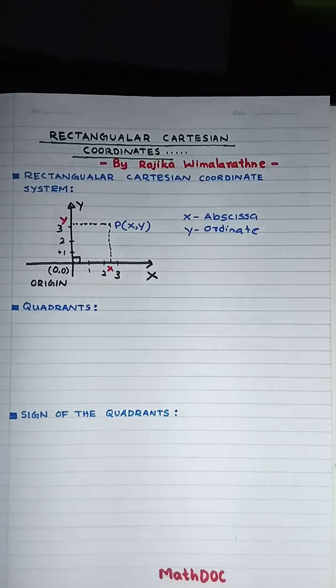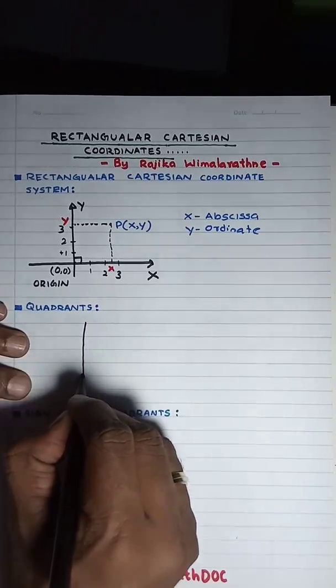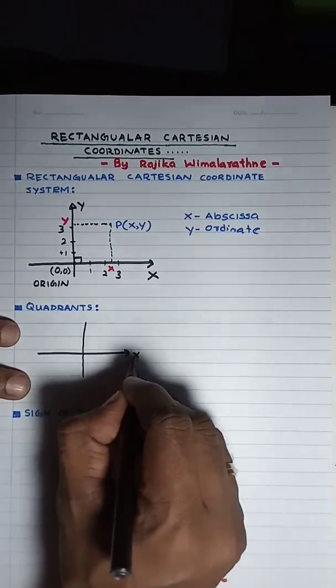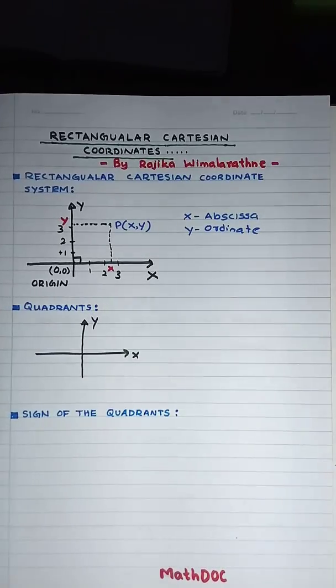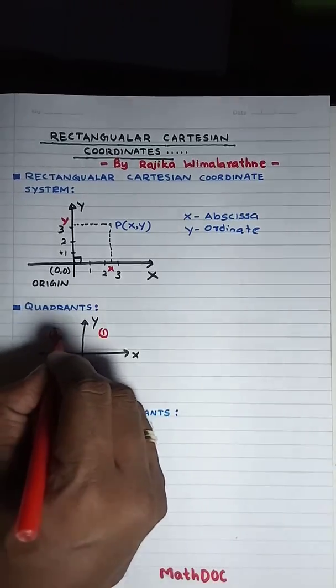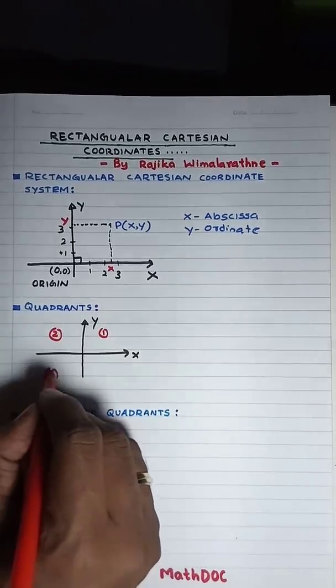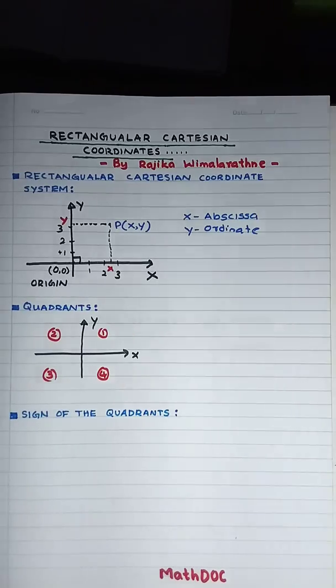When you consider this system, with the x-axis and y-axis, we can see four sections: section 1, section 2, section 3 and section 4. Those are known as quadrants.